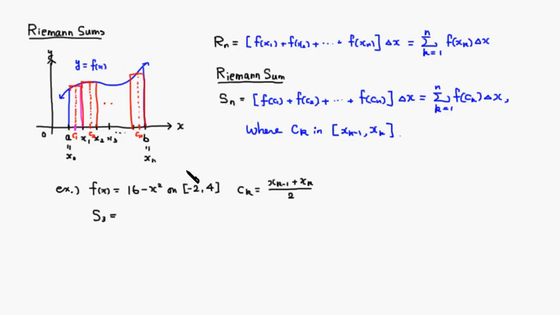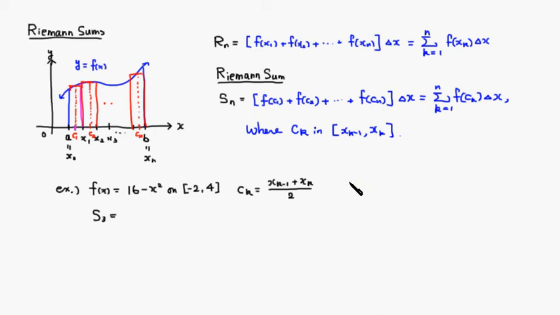So let's look at a small example here. Let's say your function is 16 minus x squared, and the interval is from -2 to 4. And ck is the midpoint between the two endpoints of each subinterval. All right. So let's find the delta x.